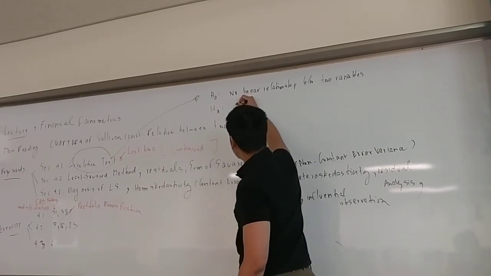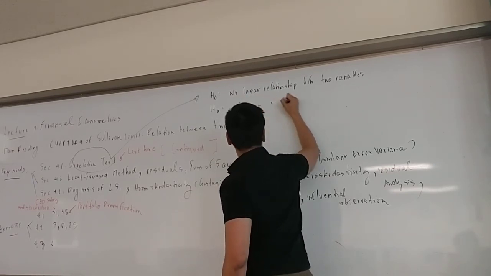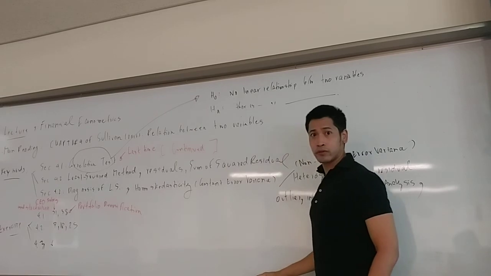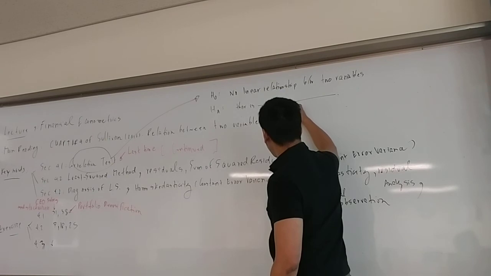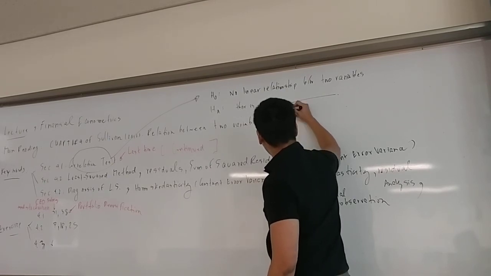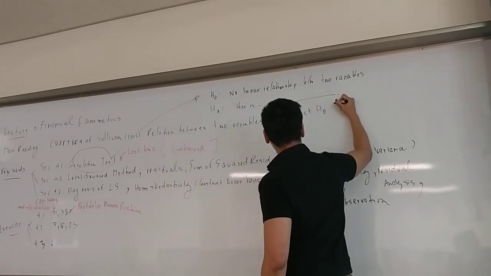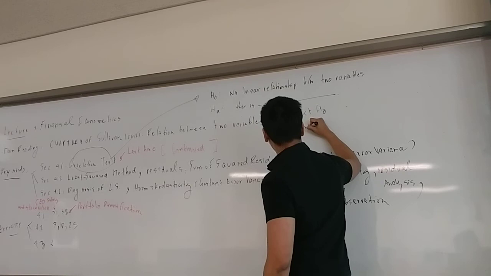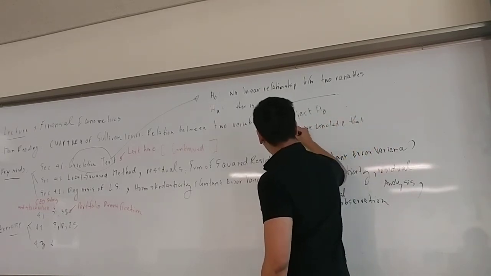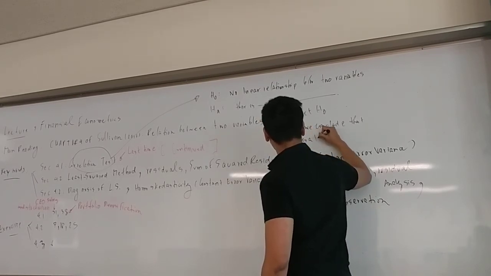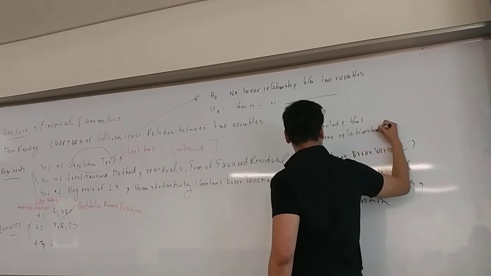The alternative hypothesis means there is a linear relationship between the two variables. When we do this test, if we reject the null hypothesis, then we conclude that there is a linear relationship.